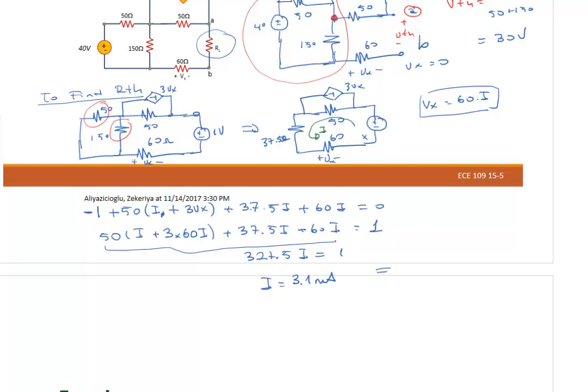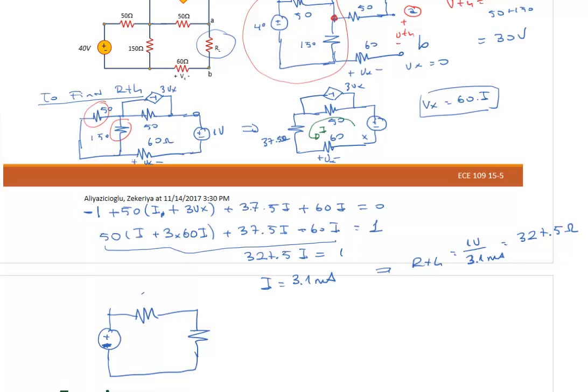Then from here, RTH will be 1 volt divided by 3.1 milliampere. This comes to 327.5 ohms. So we can represent our circuit as one voltage source, negative right there, one series resistor, and this is our RL.